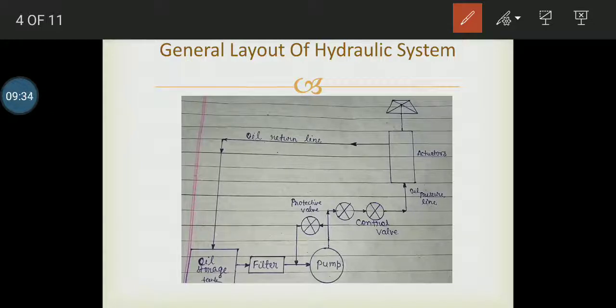That difference creates a burst or damage to the pipe, and hence we require a protective valve over here, which transfers the extra fluid to the filtered supply line again.